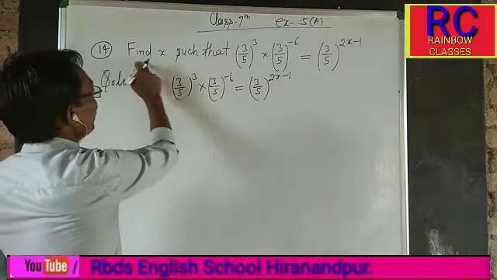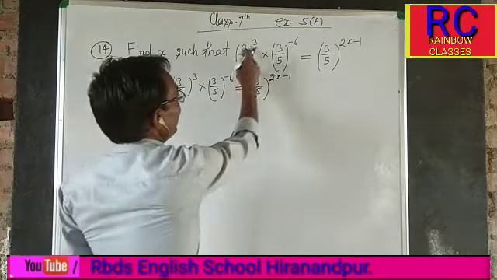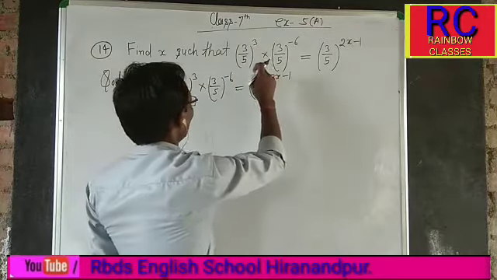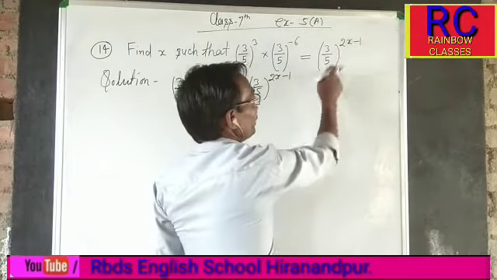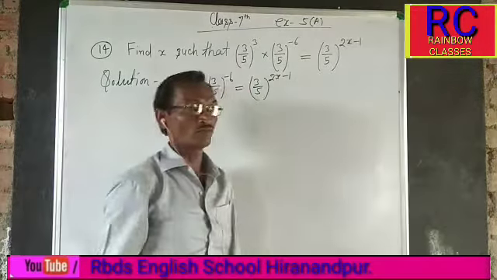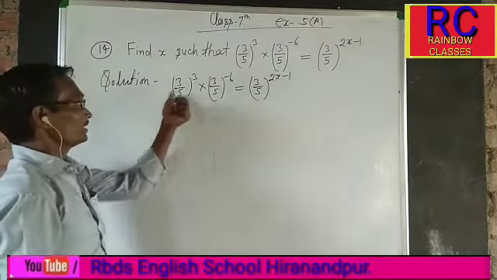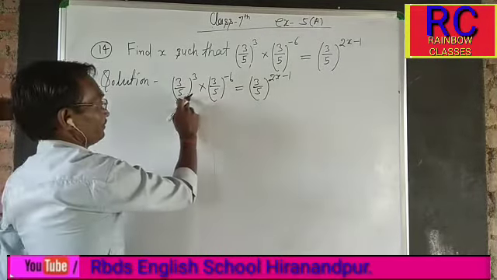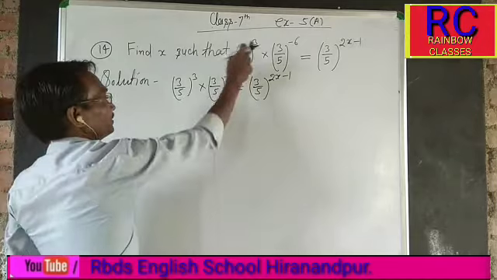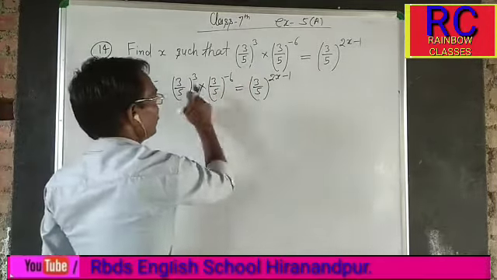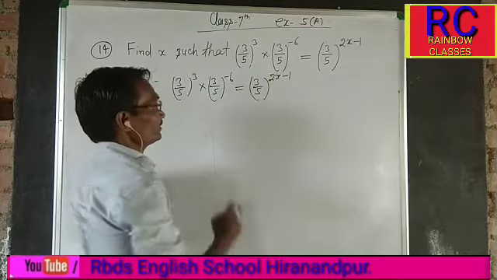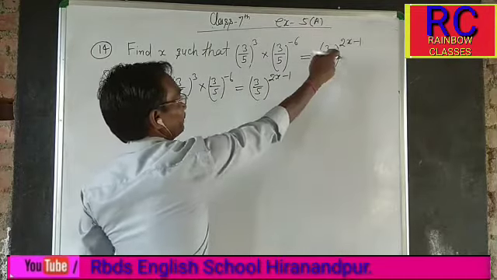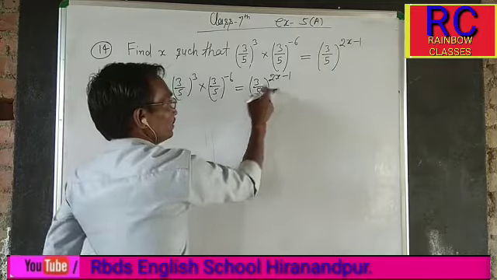Question number 14. Find x such that 3 by 5 to the power 3 into 3 by 5 to the power minus 6 is equal to 3 by 5 to the power 2x minus 1. So, 3 by 5 to the power 3 into 3 by 5 to the power minus 6 is equal to 3 by 5 to the power 2x minus 1.